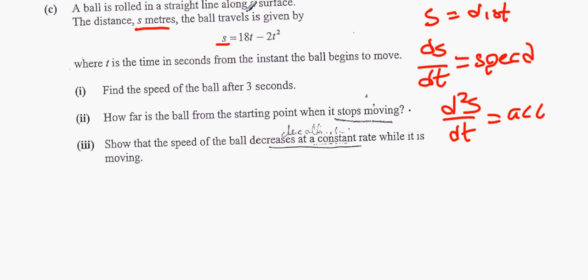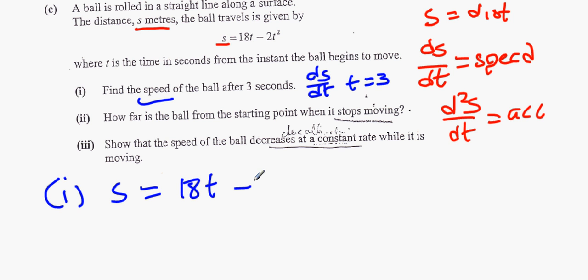First question asks for speed. So it wants the ds/dt when t equals 3. So let's find out what the ds/dt is. Okay, so s is going to be 18t minus 2t squared. Let's do the ds/dt. Remember the t disappears, comes 18.